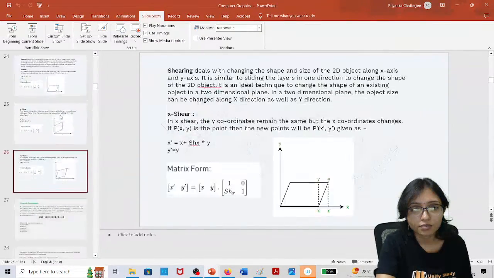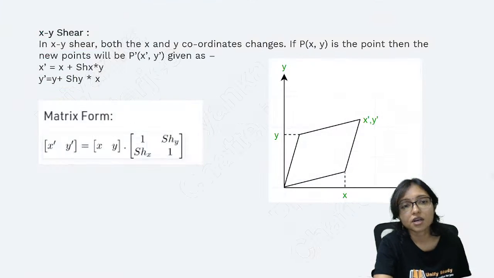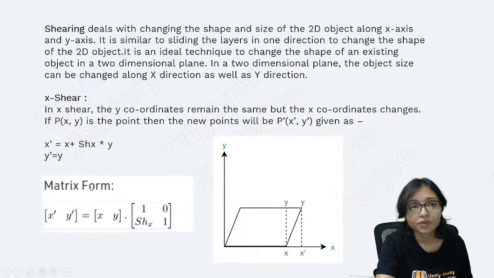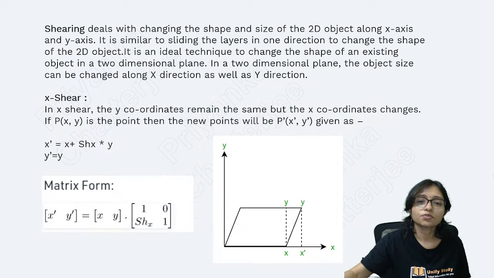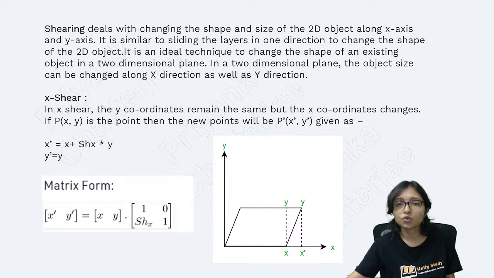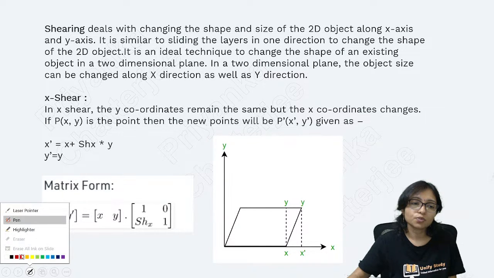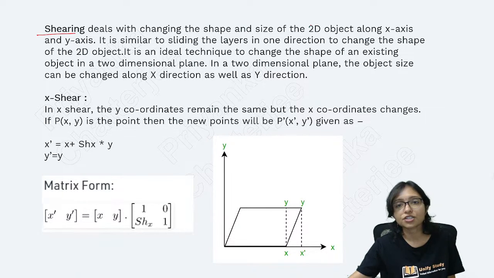Here, if you come to the concept of shearing, this was the concept of shearing, right? Shearing deals with a 2D object, and the object's shape and size both will change. Here the shearing is going on a 2D object, along the x-axis and y-axis.